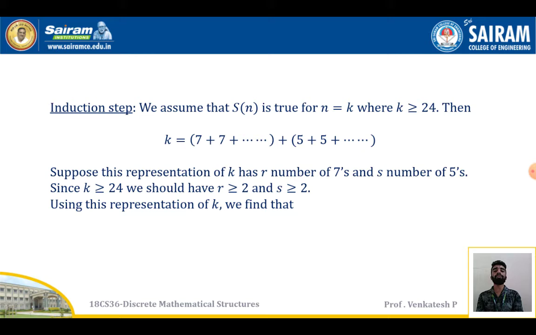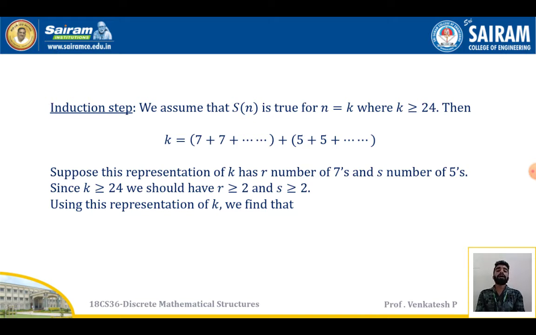So to prove that S(k) is true, I must have r number of 7s and s number of 5s. Note that here r must be greater than or equal to 2 and s must be greater than or equal to 2, because to prove that S(24) is true, I must have two 7s and two 5s here.